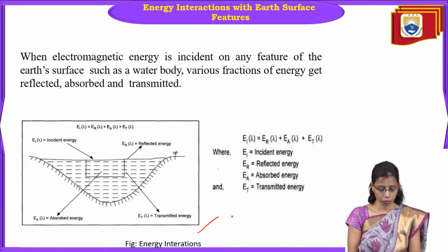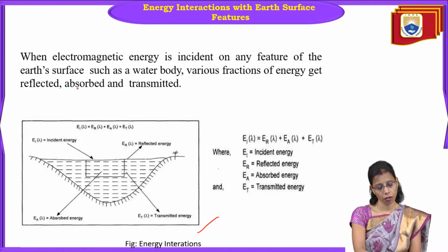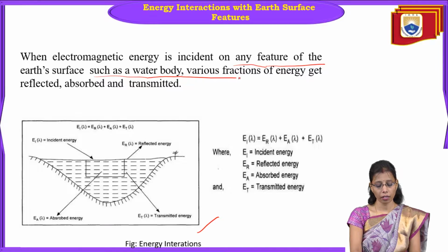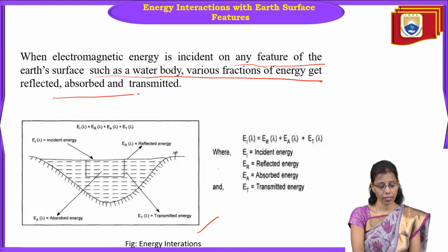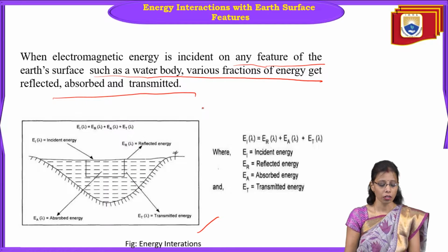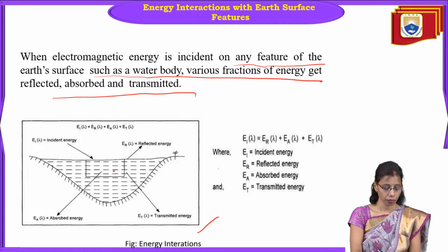Now coming to this figure. In this figure you can see that when electromagnetic energy is incident on any feature of the Earth's surface, such as a water body, various fractions of energy get reflected, absorbed, and transmitted. In this energy interactions figure, there is a water body present.